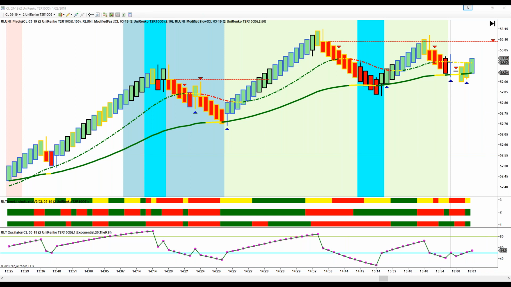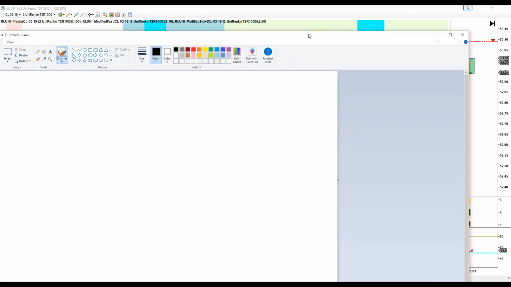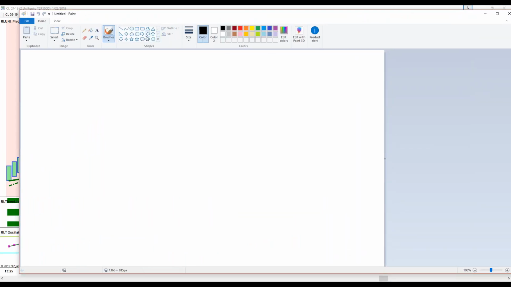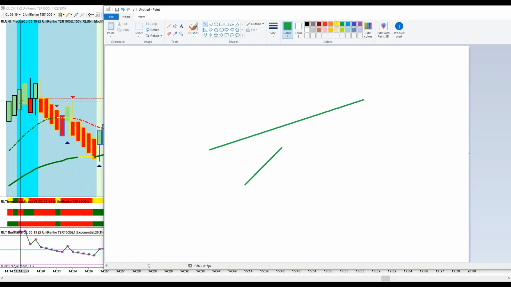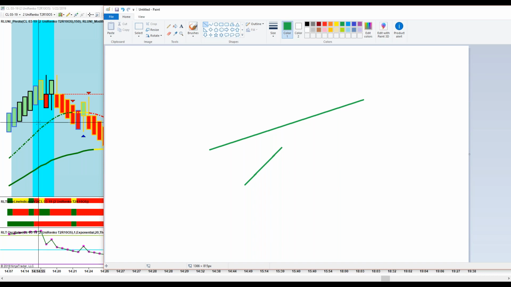Now, here's what produces those colors. We're looking at the 4 and the 6 unit Renko, which are the two higher time frames. Here's the 50, and here's the 15. Now, I'm going to put the color on the side. This cyan color up occurs when the 50 is up on the two higher unit Renkos.